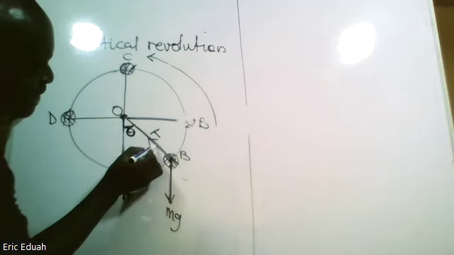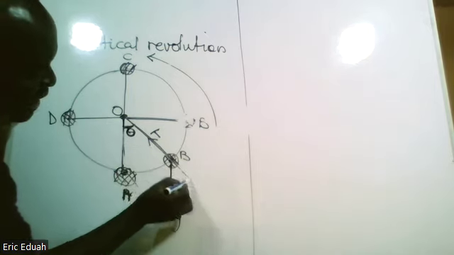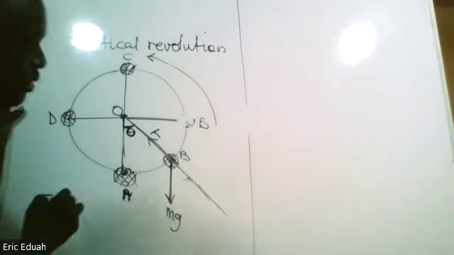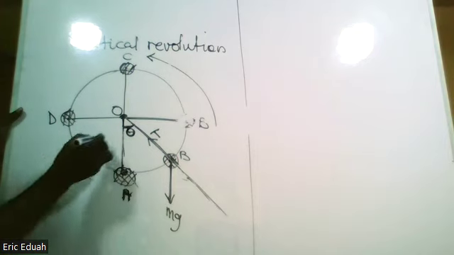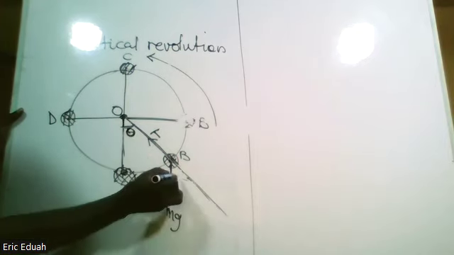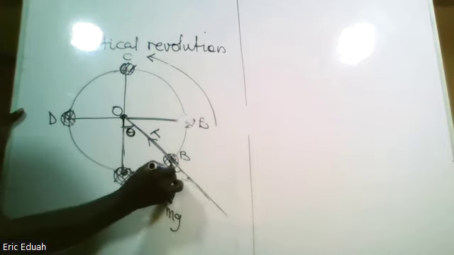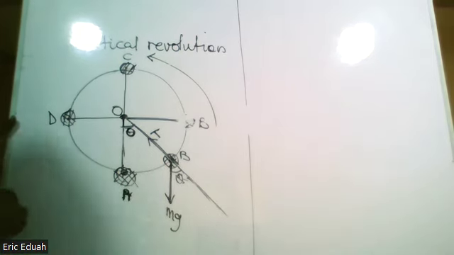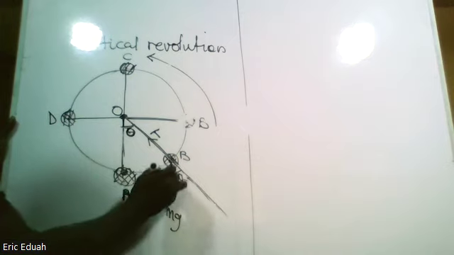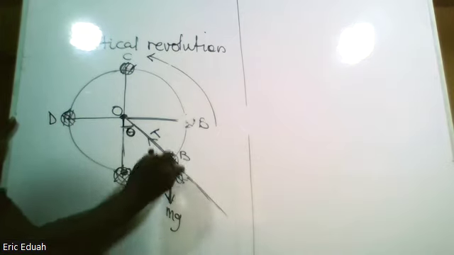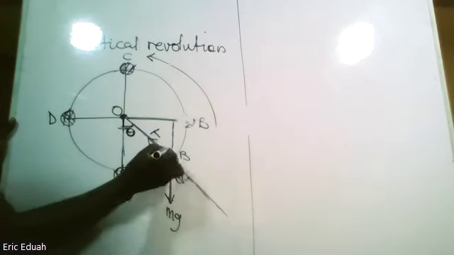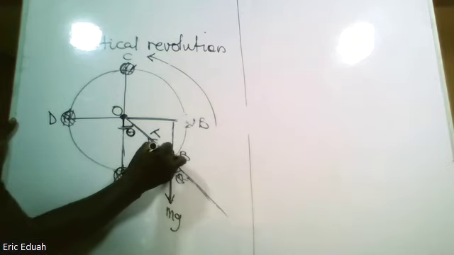Now, if I extend this tension vector, I have this angle corresponding with this angle. Or another way to do the same thing is that if I extend the weight vector, I have this angle alternating with this.